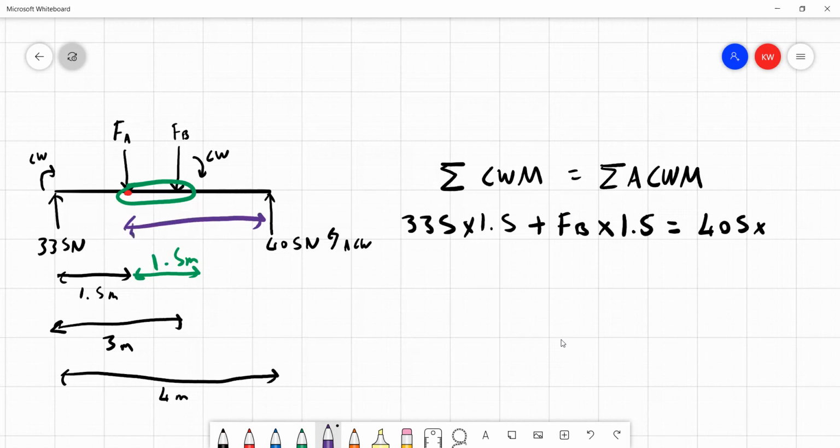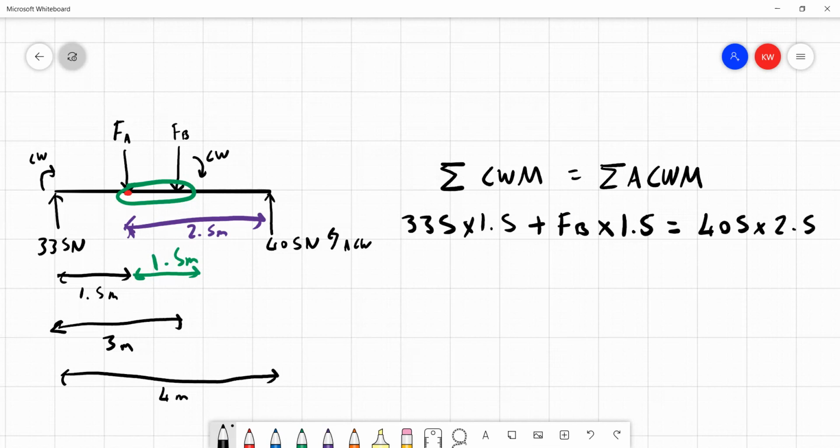We know the distance from the left until point A is 1.5 meters, and the whole beam is 4 meters. So the remaining distance, the purple line I've drawn in here, must be 2.5 meters. That's exactly what we multiply the 405 by, 2.5 meters.